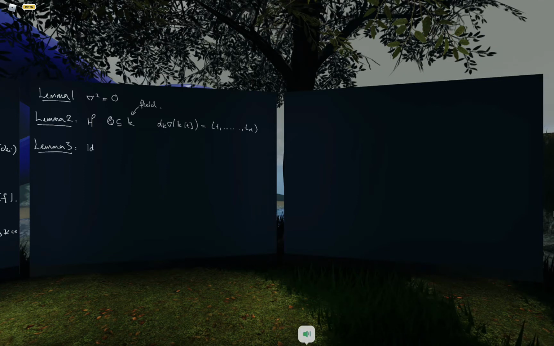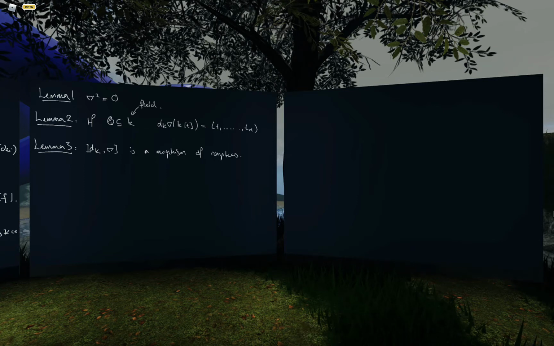The next thing is that dk nabla is a morphism not just of modules, but of complexes. So it commutes with the differential of the causal complex.